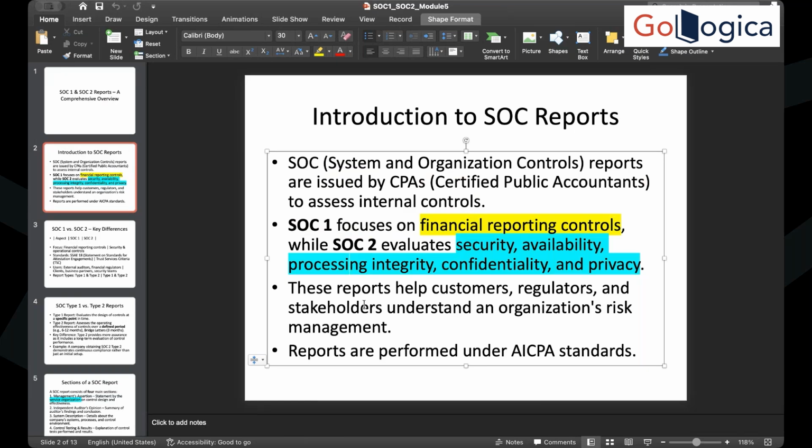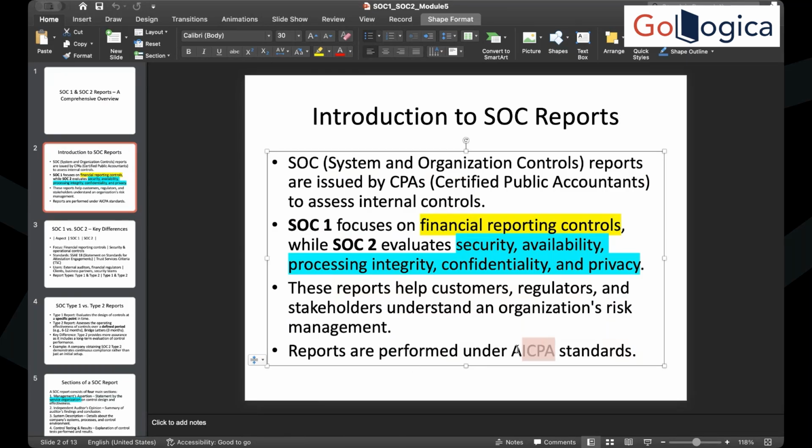These reports help customers, regulators as well. I can share these with the regulators, and stakeholders understand an organization's risk management. It could be risk and compliance management as well. The reports are performed under AICPA standards.